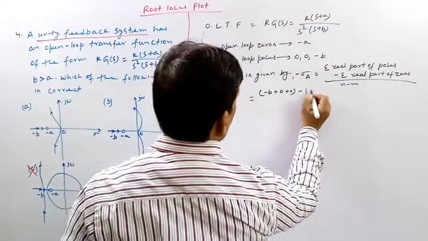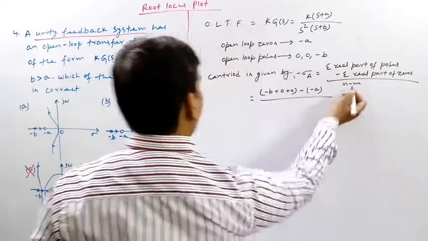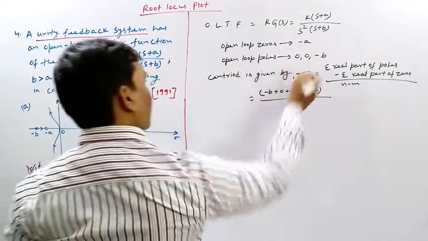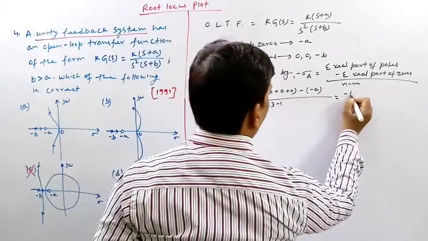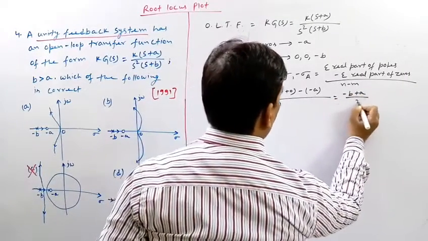So minus (minus a), divided by n minus m. How many poles are there? So 3 poles are there and 1 zero is there. So it will be minus b plus a divided by 2.